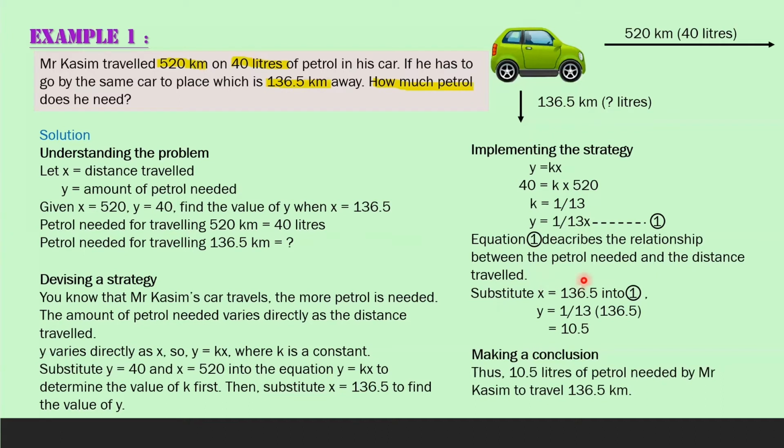Substitute x equal to 136.5 into equation 1. y equal to 1 over 13 times 136.5 equal to 10.5. Making a conclusion. Thus, 10.5 liters of petrol is needed by Mr. Qasim to travel 136.5 kilometers.